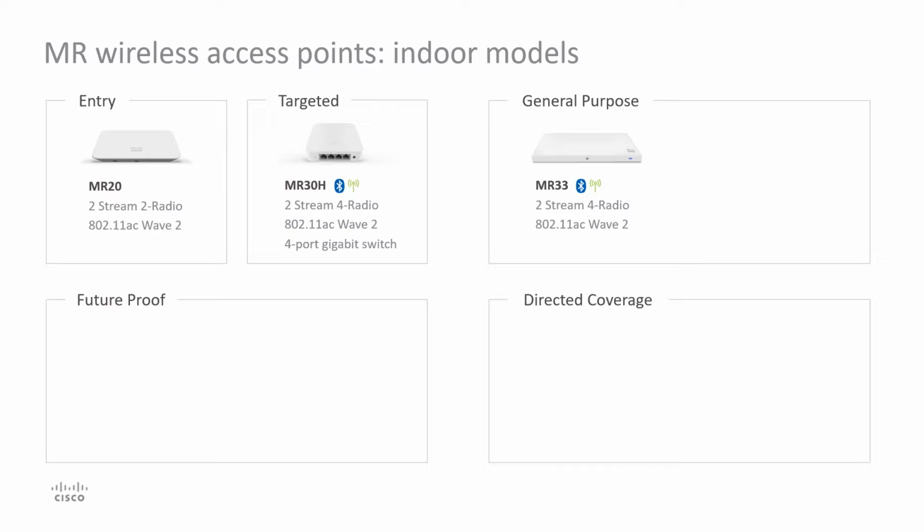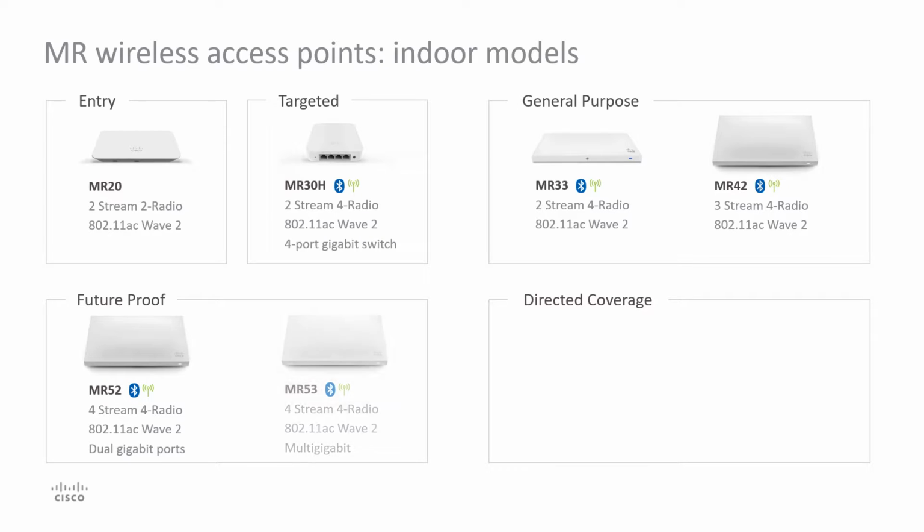The MR42 is a 4-radio 802.11ac Wave 2 access point supporting 3x3 MU-MIMO designed for high-density deployments. The future-proof group includes two products, the MR52 and MR53. They also benefit from the 802.11ac Wave 2 technology for next-generation deployment.